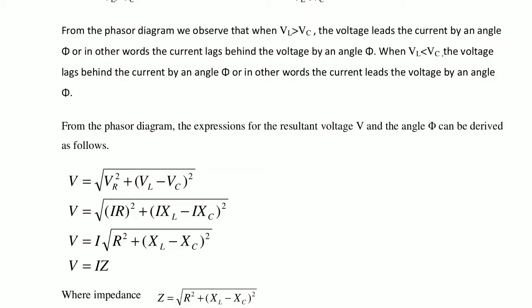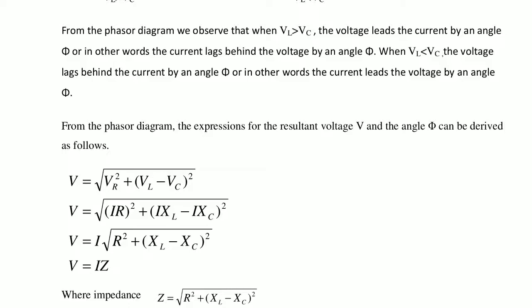Now from the phasor diagrams, the expression for the resultant voltage V and the angle pi can be derived as follows. V is equal to the square root of VR square plus (VL minus VC) whole square. Here VL minus VC is the difference of the inductive and capacitive voltages.